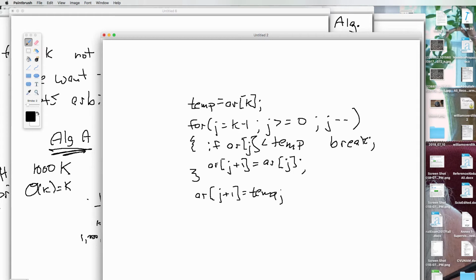Okay, so this was called the insertion loop, but then we said, hey, suppose we have an array called AR that goes all the way from 0 up to n minus 1.